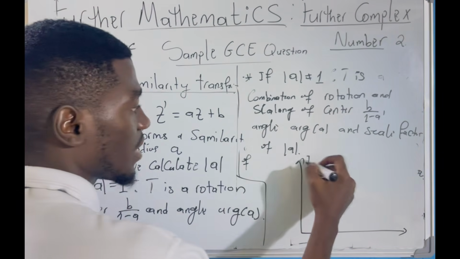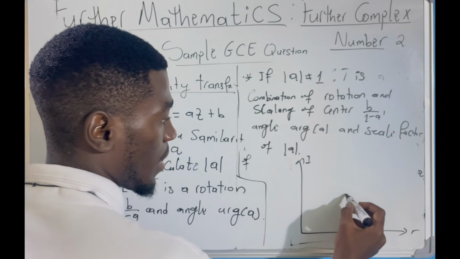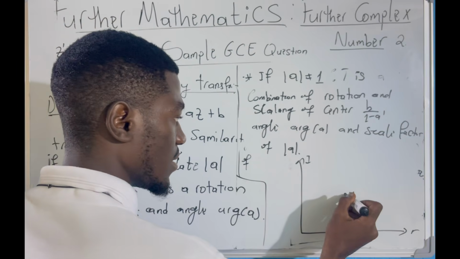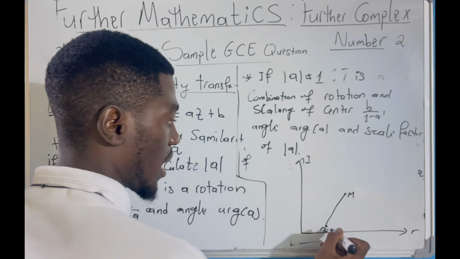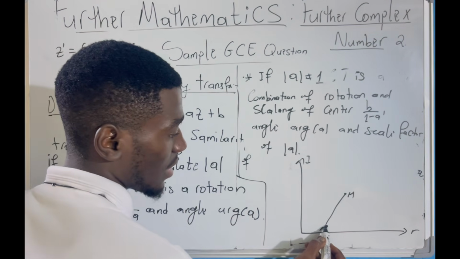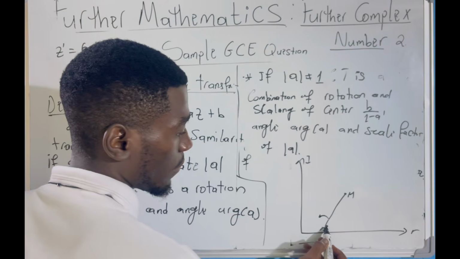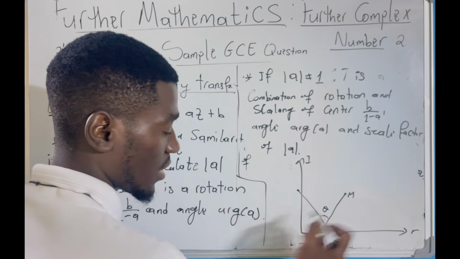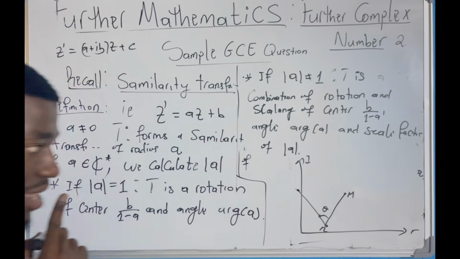If this is my imaginary axis and this is my real axis, let's say my point is M here. Now if I say that this is the center of rotation, gamma, it means that I will first of all apply a rotation from my center, a rotation of an angle theta. The transformation is not finished.